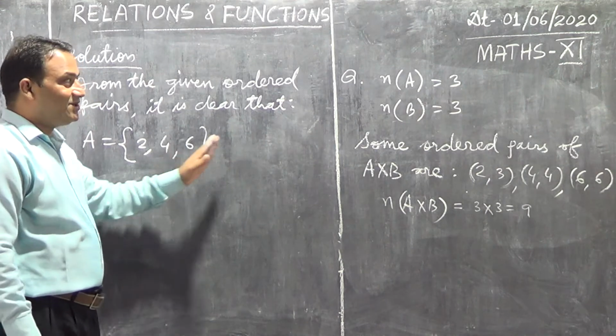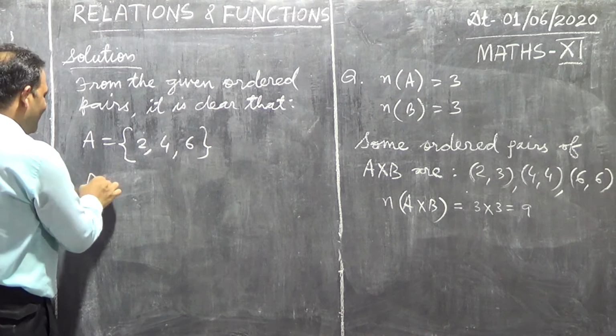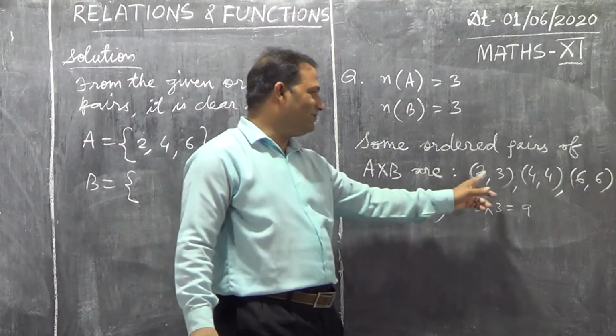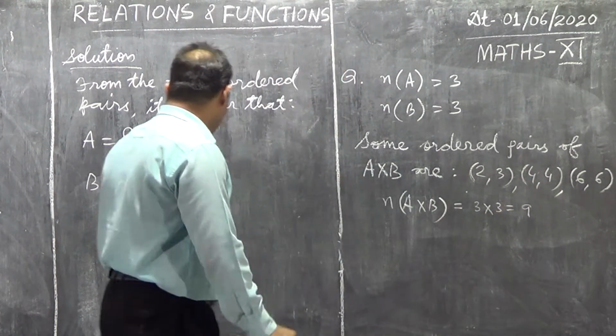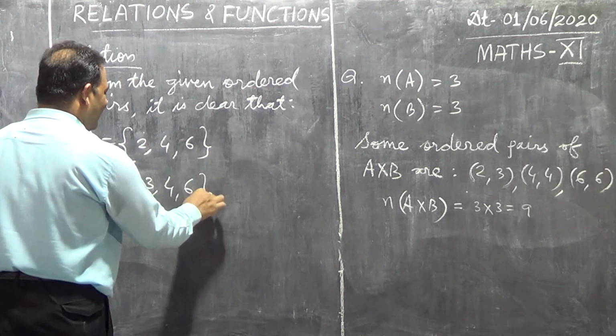I took the first component from each ordered pair. And B I will make by taking the second components, that is 3, 4 and 6.